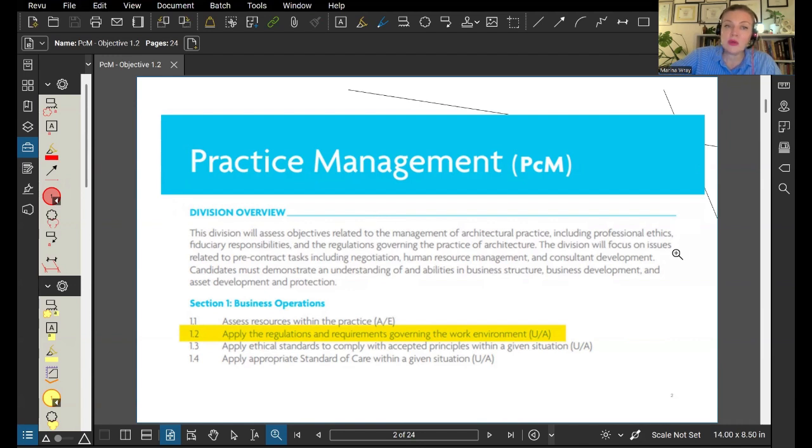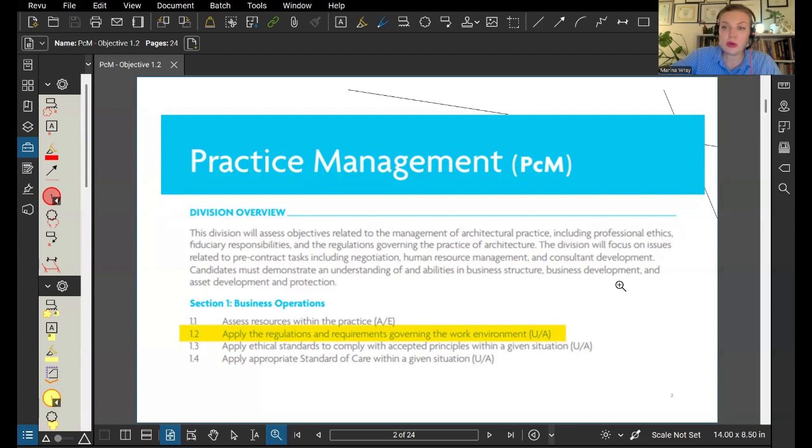So as you know, division overview, let's just quickly go through that before we dive deeper into the questions. The Practice Management division assesses objectives related to the management of architectural practice, including professional ethics, fiduciary responsibilities, and the regulations governing the practice of architecture.